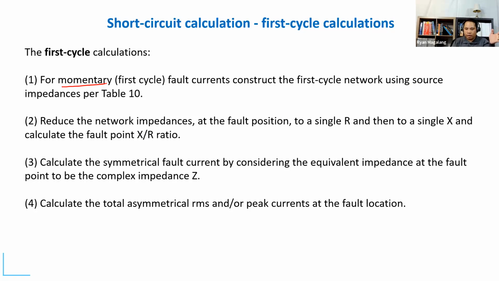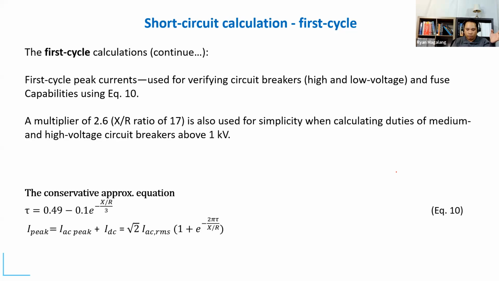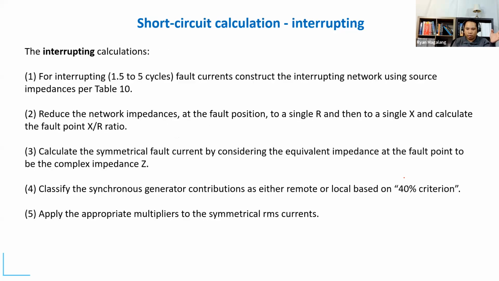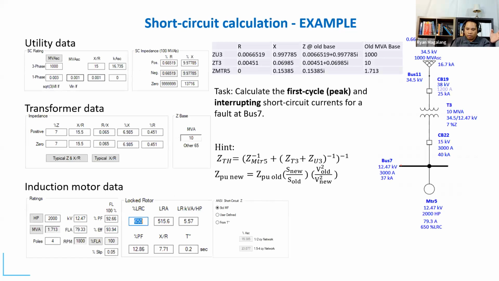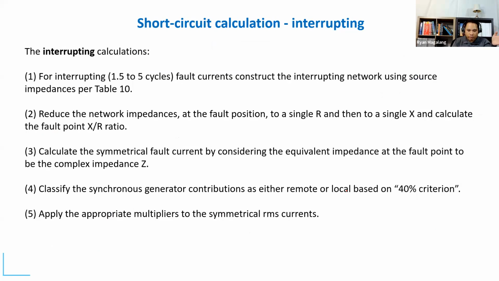So same idea. The calculation for your first cycle, your interrupting, and your time delayed, they're the same thing that we showed earlier. The only difference is that you are changing the impedance of your motors.